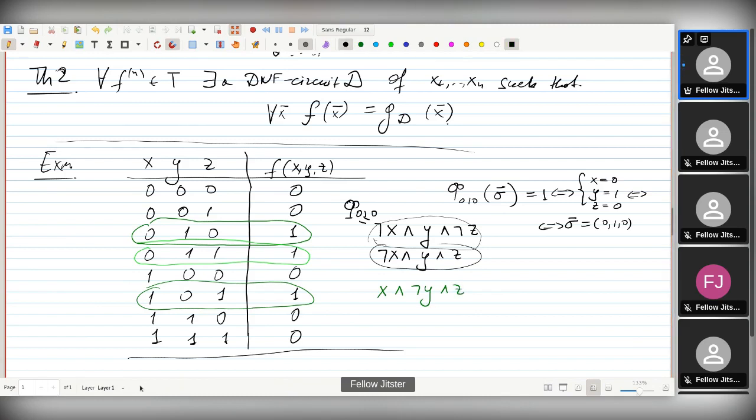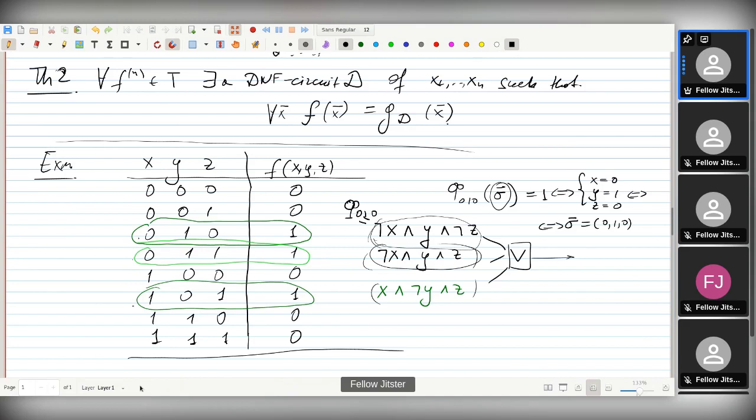So I have 3 elementary conjunctions. And if I take a disjunction of them, this will give us the same value as f. So let us just take the disjunction of all of those, and this will give us the same value as f. Why? Because f gives us 1 if and only if the input tuple is one of these three.